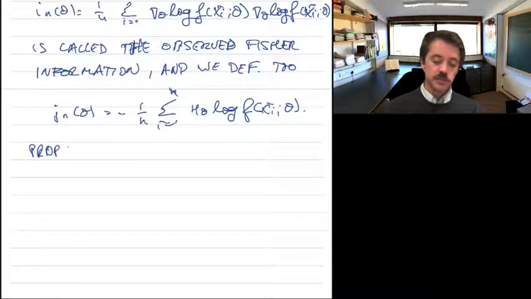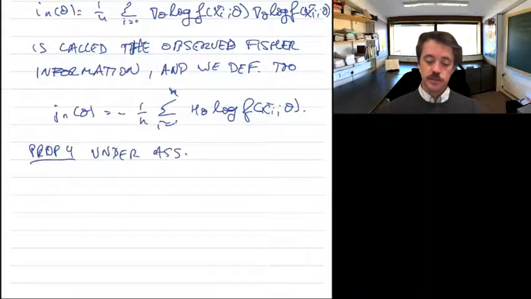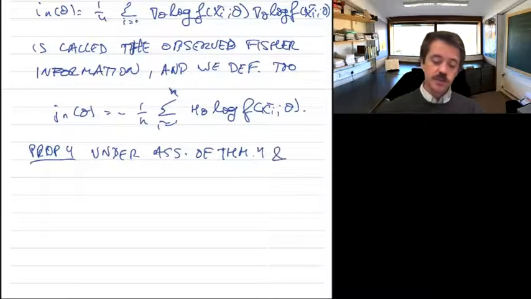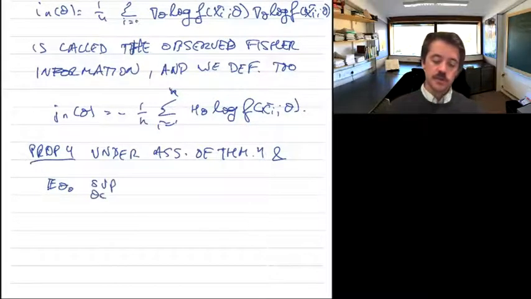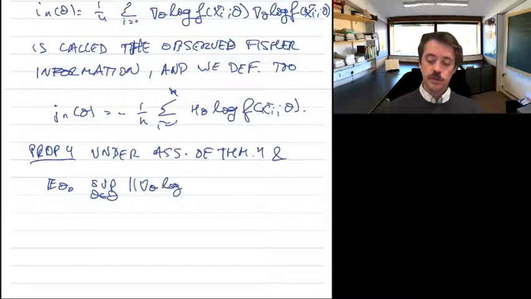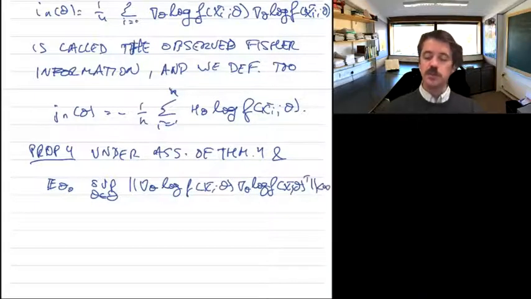So proposition 4: under the assumptions of theorem 4, the asymptotic normality of the MLE, and also assuming that the expectation under theta naught of the supremum over the parameter space of the gradient of log f of x, theta, times the same quantity transposed, is less than infinity.